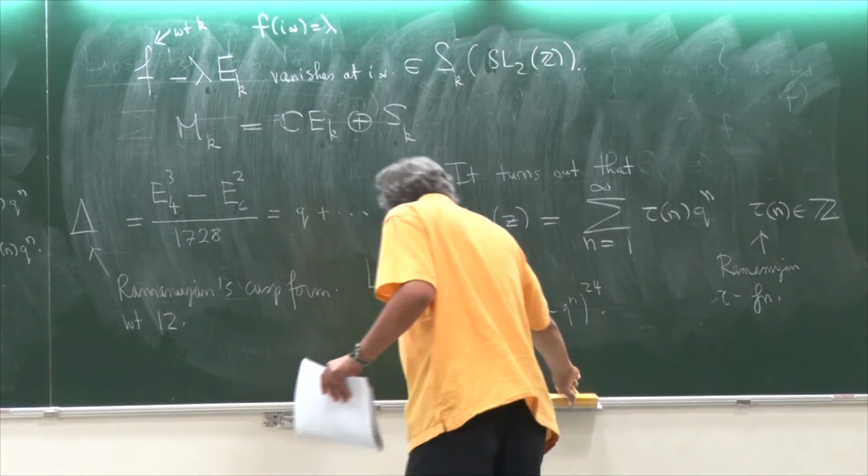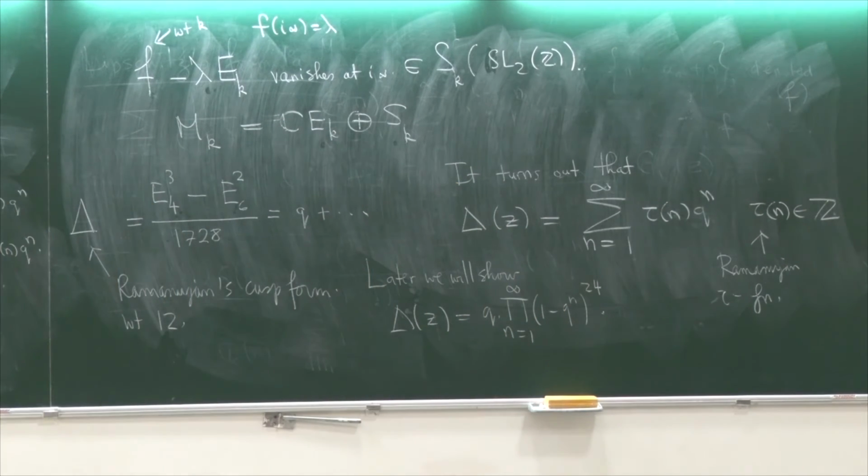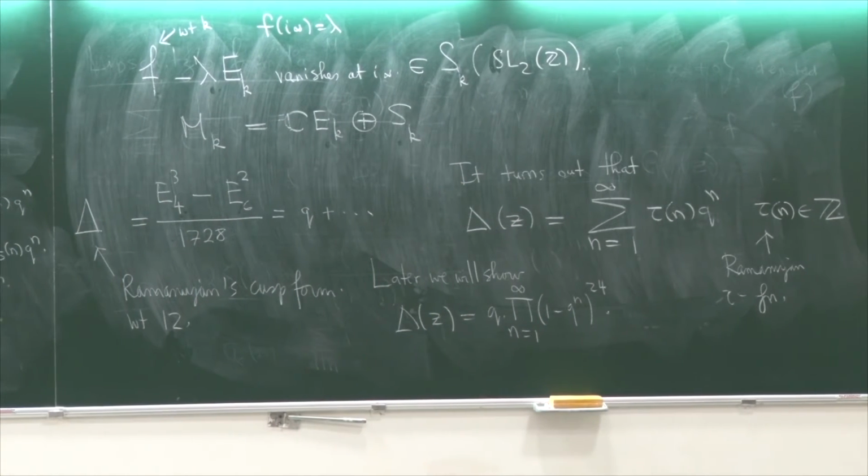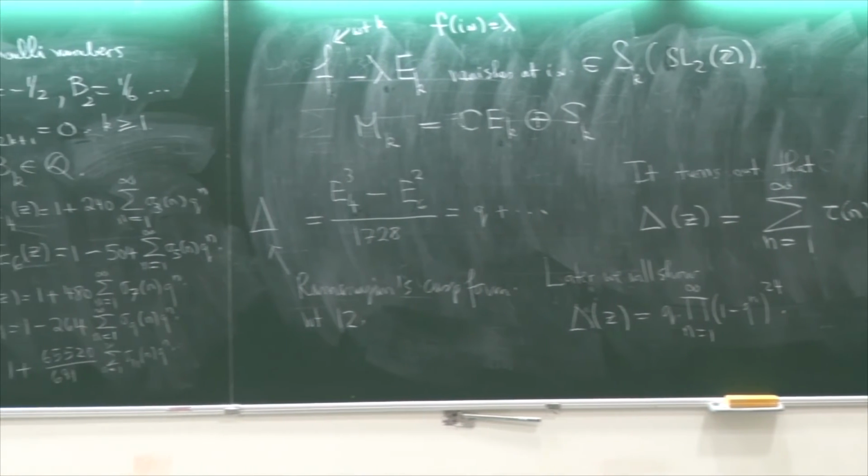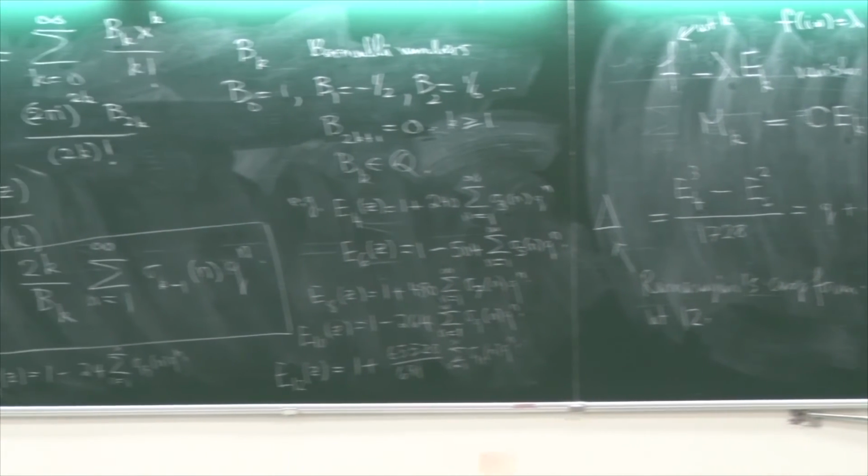Okay, now we will derive what's called the Valence Formula. It's basically a theorem right out of complex analysis, the Valence Formula.